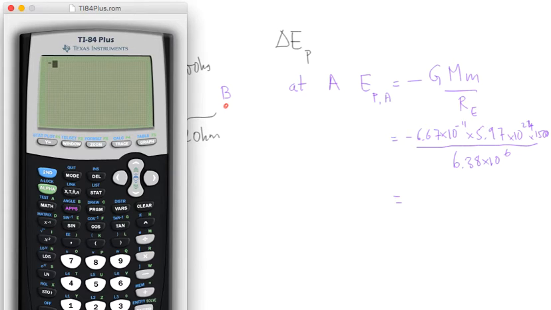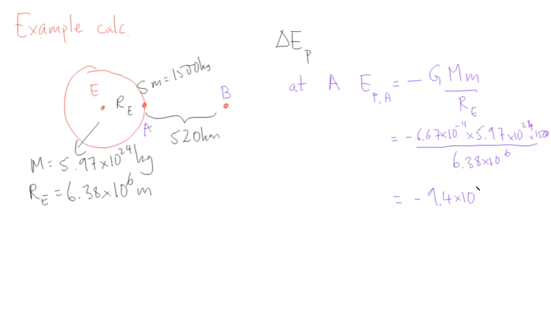Negative 6.67 times 10 to the negative 11 times 5.97 times 10 to the 24 times 1500 divided by 6.38 times 10 to the 6 gives me minus 9.4 times 10 to the 10. And what are the units? Well, it's an energy, so the units are joules.